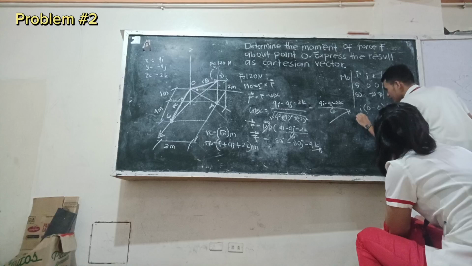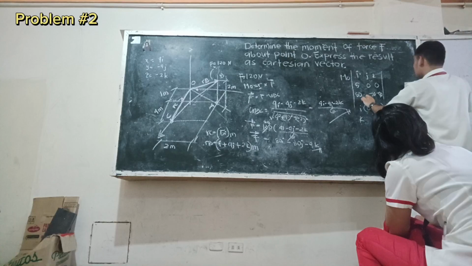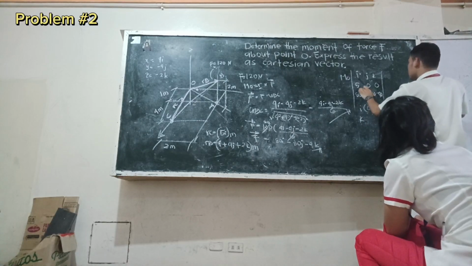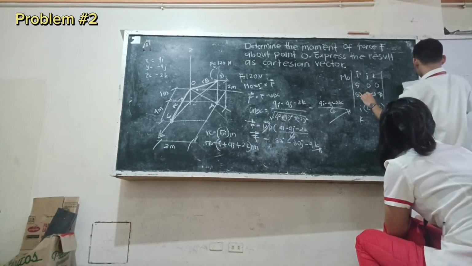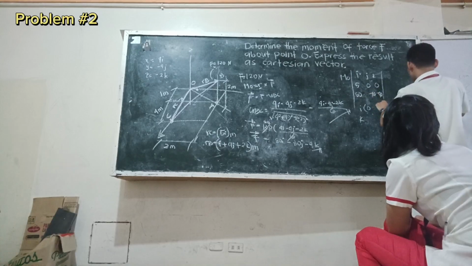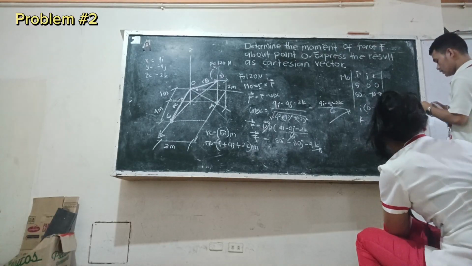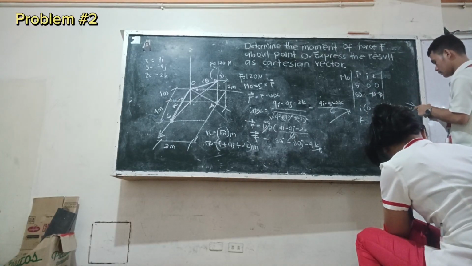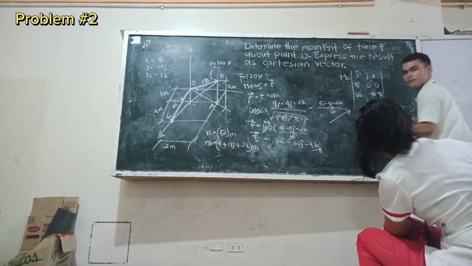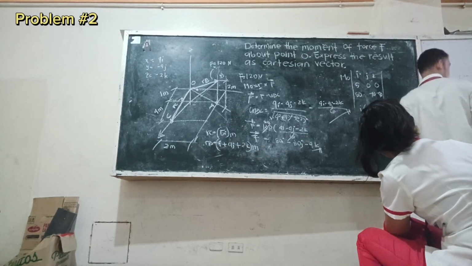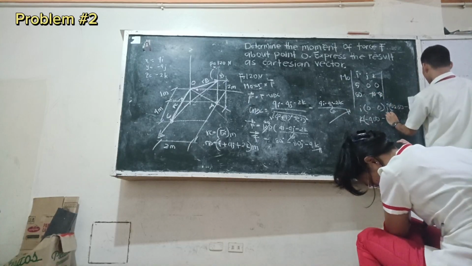Now we solve for k. 5 times negative 80 is negative 400, and 80 times 0 is equal to 0.